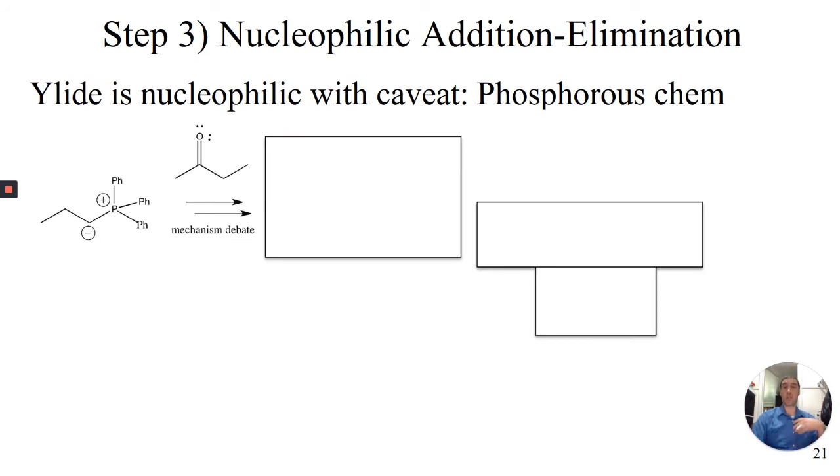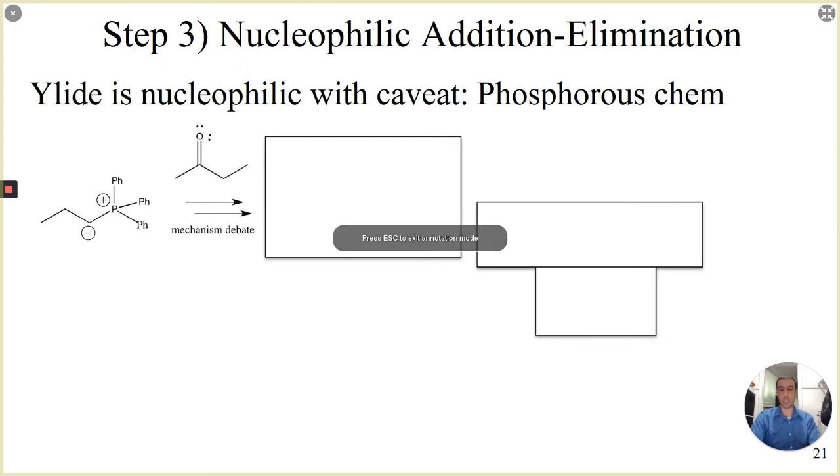Now we can go into our third step where we're actually launching into the nucleophilic addition-elimination. Sorry, nucleophilic addition. And elimination, actually, though technically a little bit weird. You'll note that we have multiple arrows there, and we have this statement of mechanism debate.